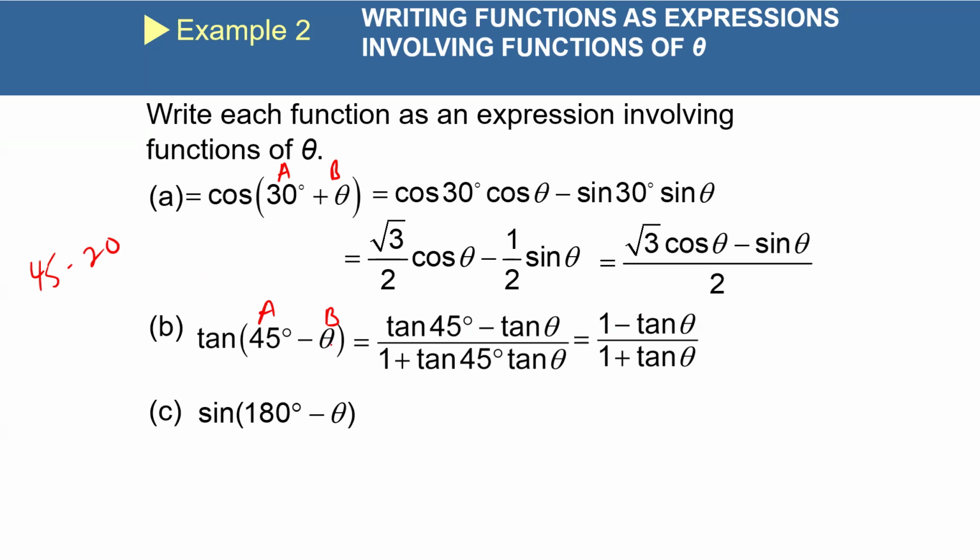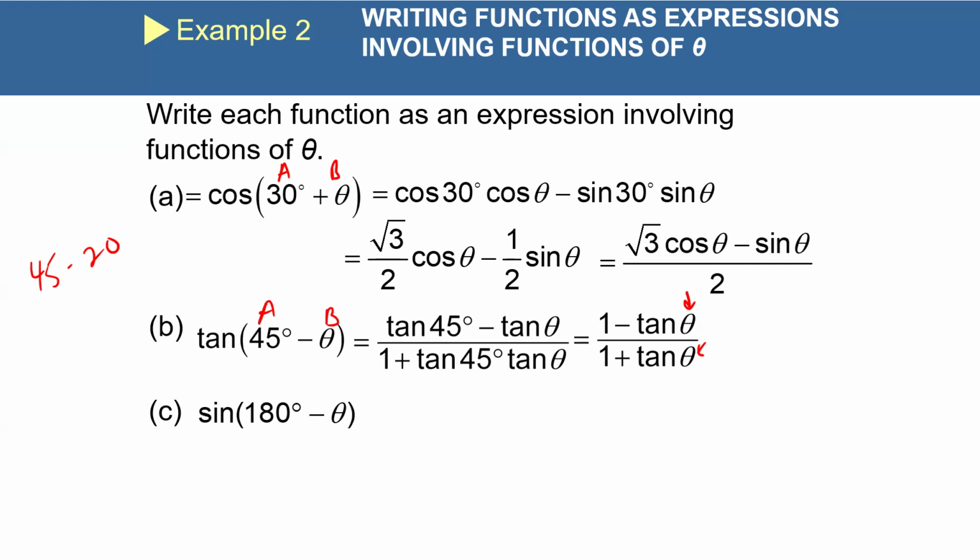Instead of doing everything, all you have to do is plug in the 20 for theta. That's because tan of 45 is always going to be 1. Or if you had 45 minus negative 10, all you'd be plugging in is negative 10 instead of going through the whole thing and plugging everything in. Okay, this is just a shortcut creation.